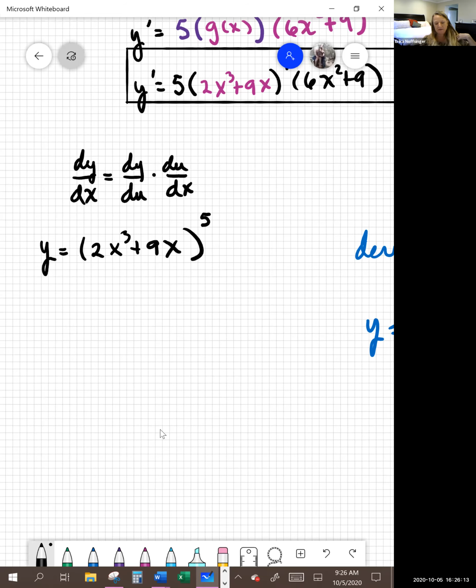Okay, so we want our inner function to be what u is. And so in this case, the inner function, because remember u or g of x, u is equal to 2x cubed plus 9x.